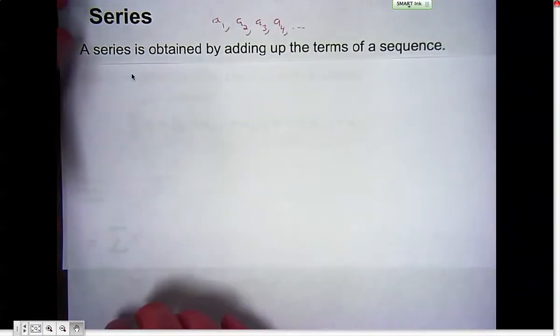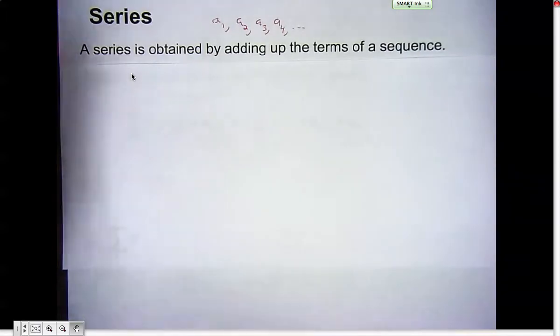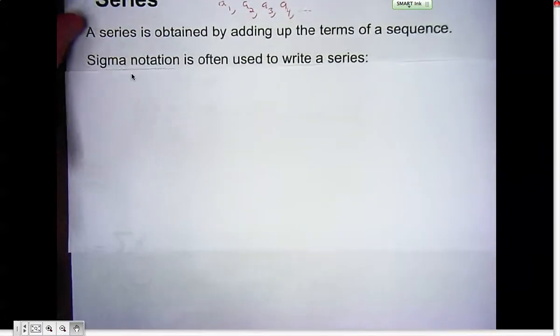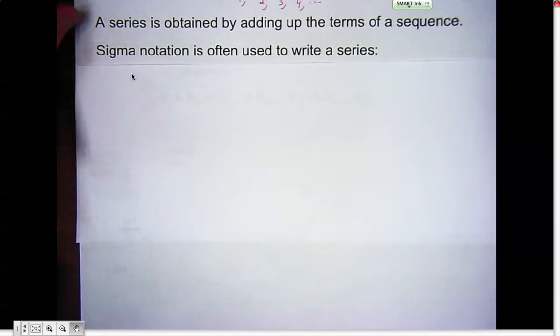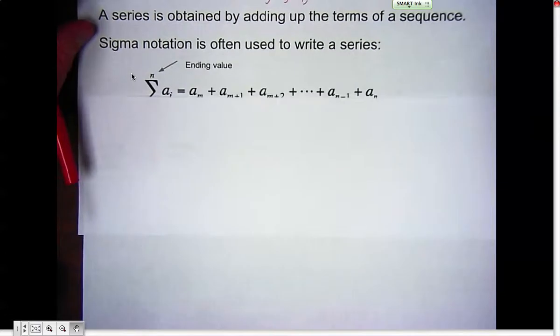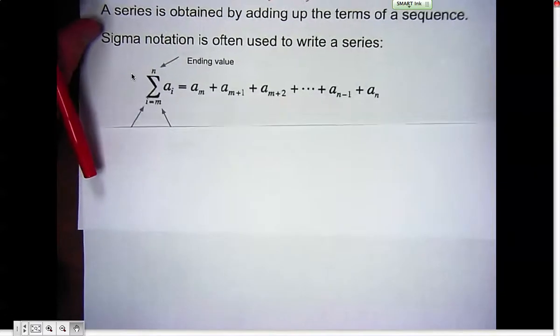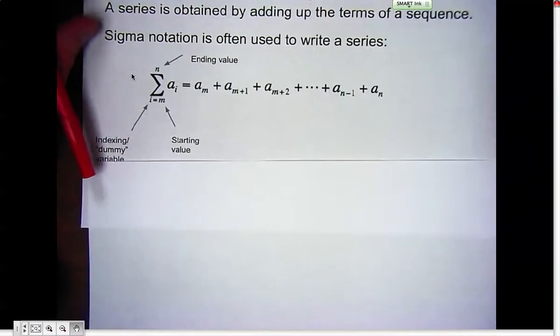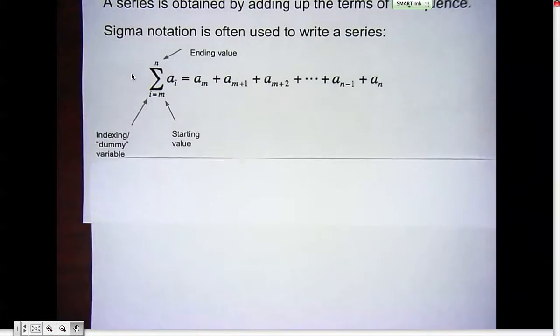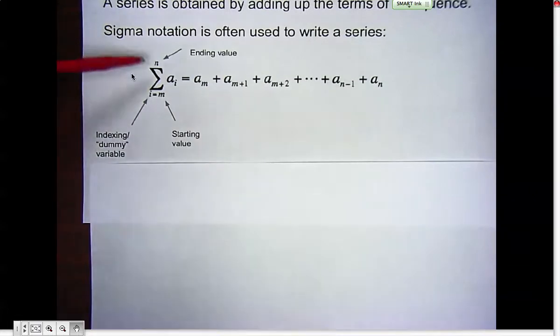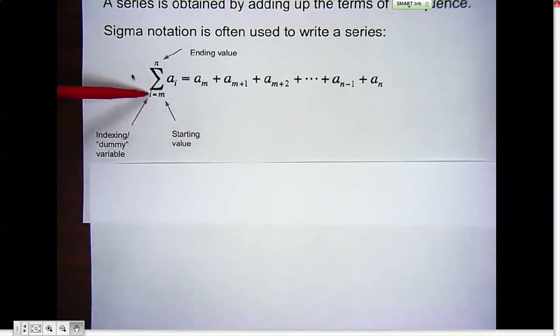The notation we often use when we're talking about series is called sigma notation. Sigma is a Greek letter that looks sort of like an S. We have the terms of the sequence with the a and the little subscript, and then this i is what's called an indexing variable.